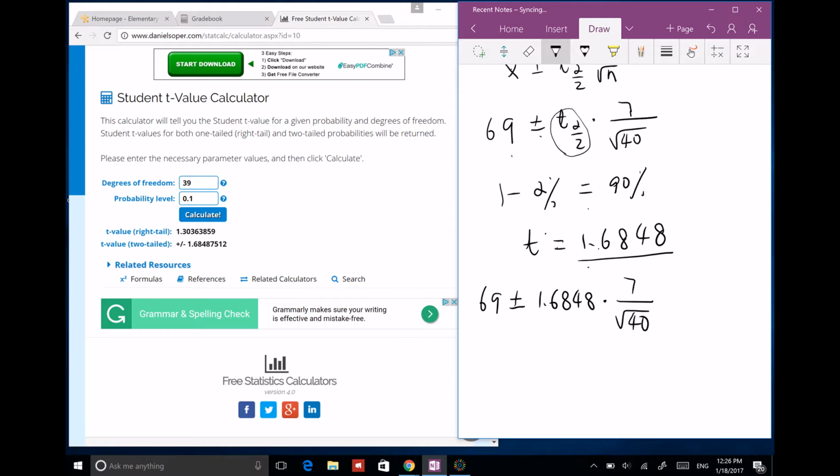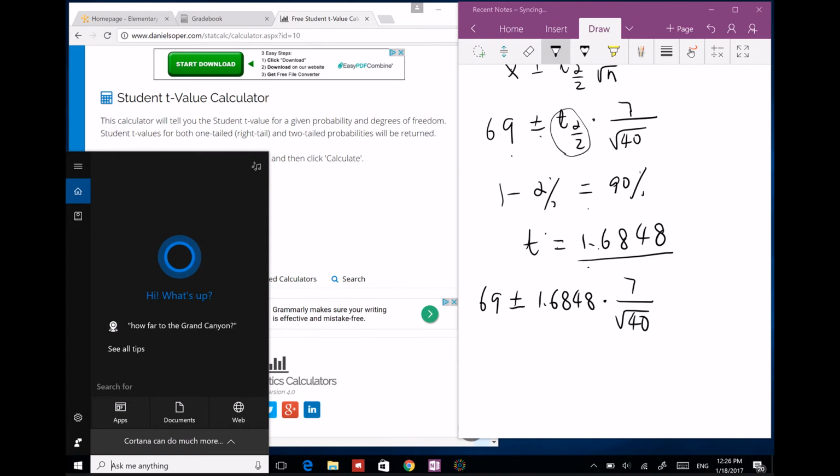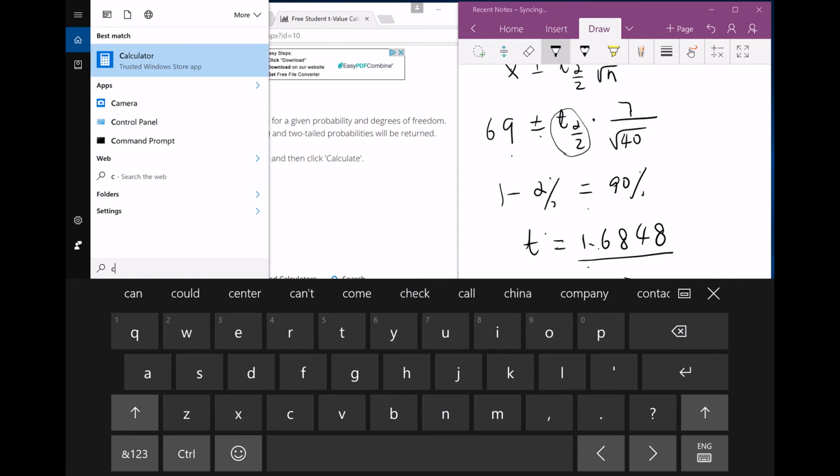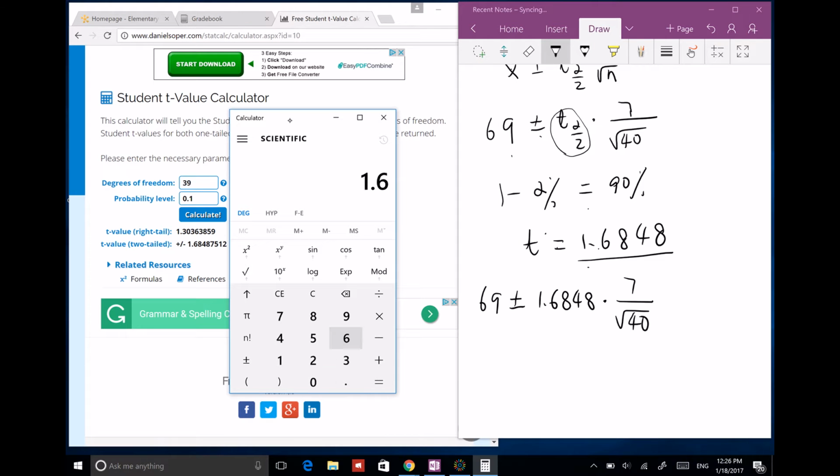Then you use a calculator. 1.6848 multiplied by 7, divided by the square root of 40, equals 1.846.